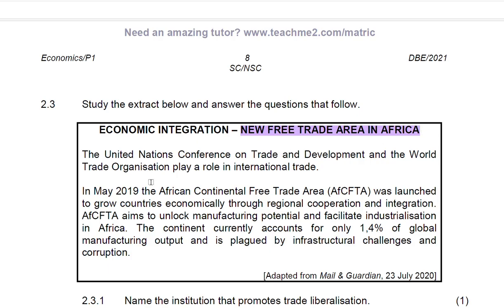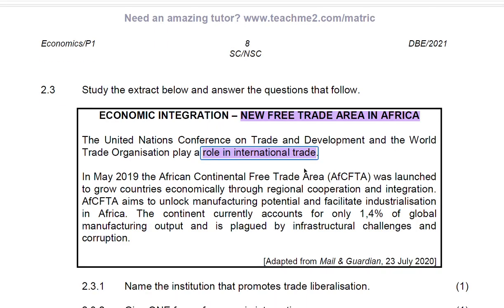The United Nations Conference on Trade and Development and the World Trade Organization play a role in international trade. Right. So now we know that we're talking about UNCTAD and the WTO.